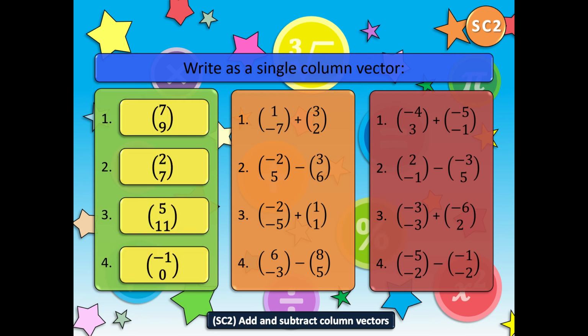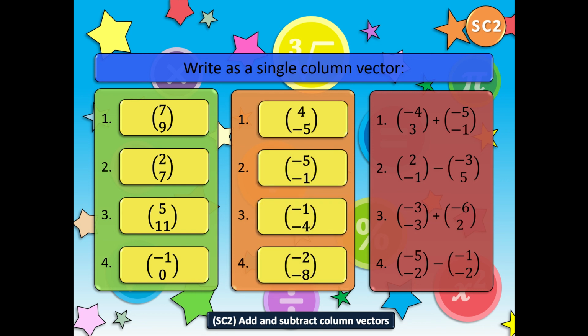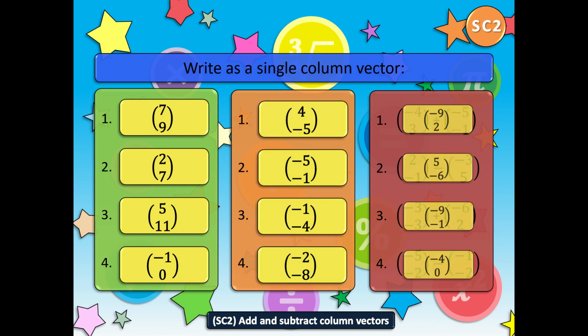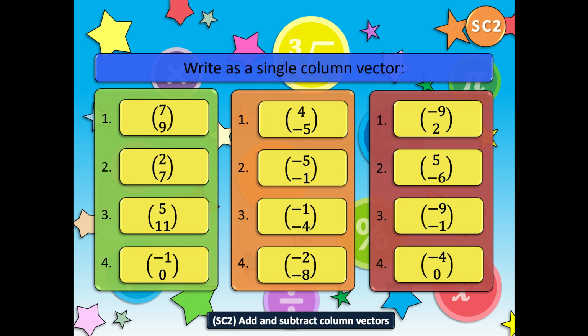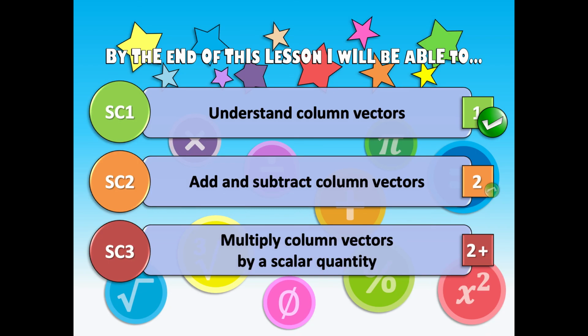So there's your green answers, there's your amber answers, and there's your red answers. So now we've completed success criteria 2.